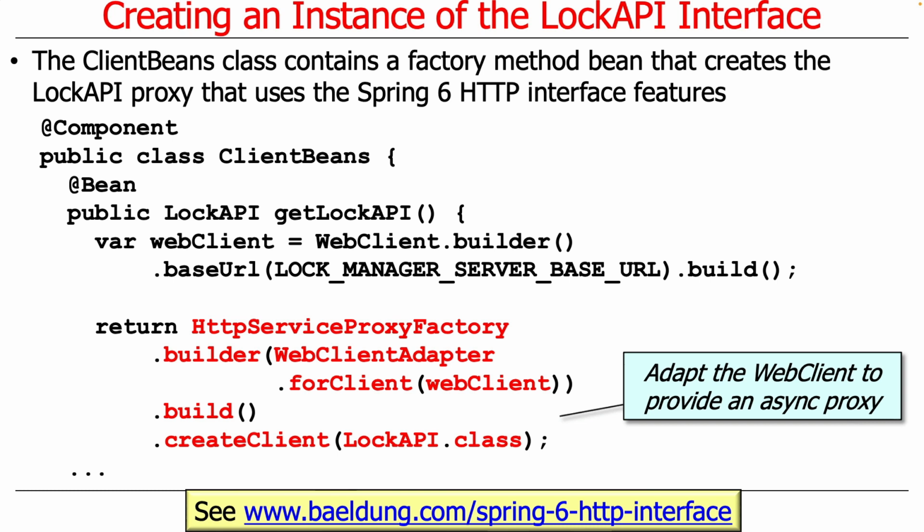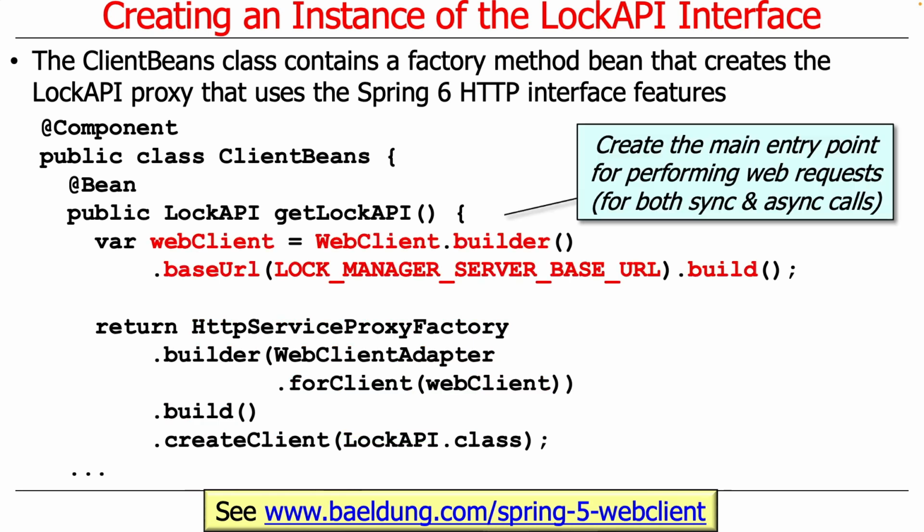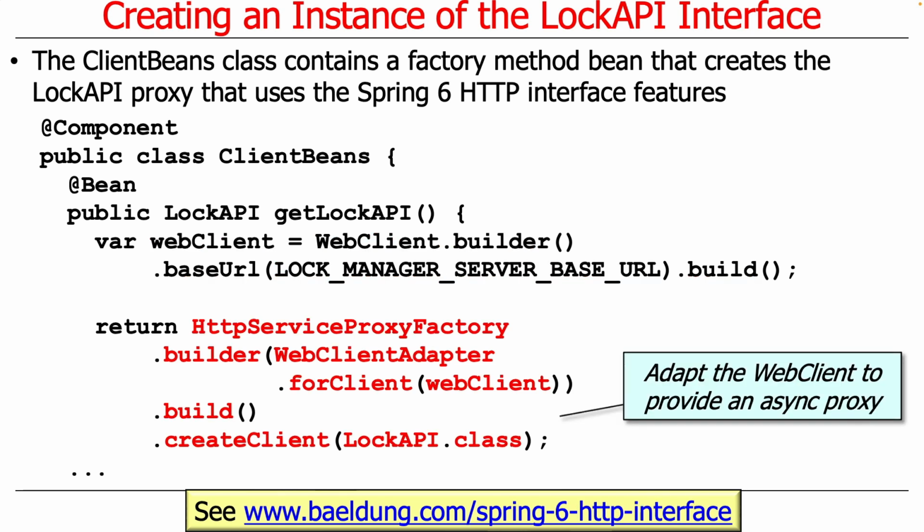And then down here, and this is just some magic you sort of have to memorize or cut and paste from examples, where we have this HTTP service proxy factory, and we make a builder, and we say, hey, please take this web client we just made up here and adapt it to work with the HTTP service proxy factory. Then you build an instance of said HTTP service proxy factory, and then you say create client, and you give it the Java class file that will create the LockAPI.